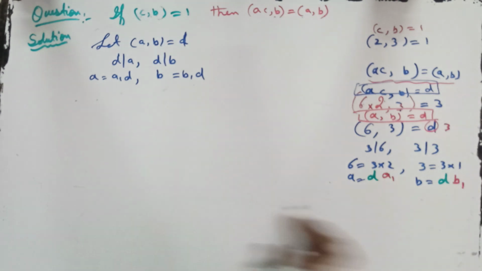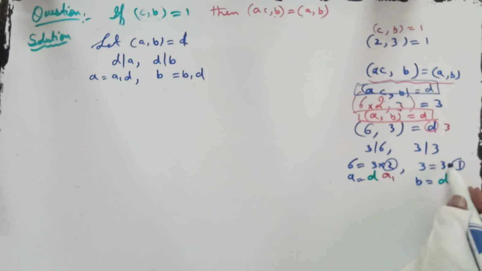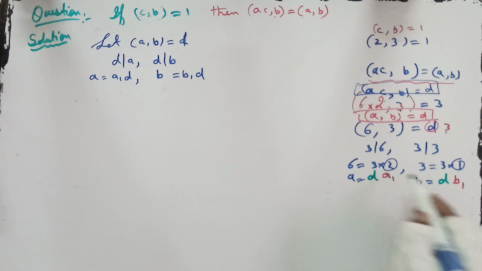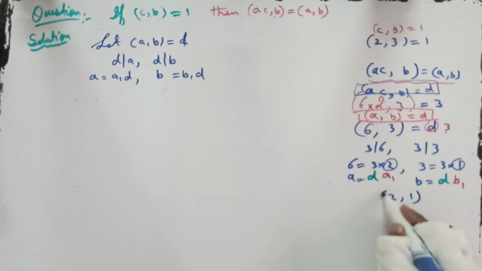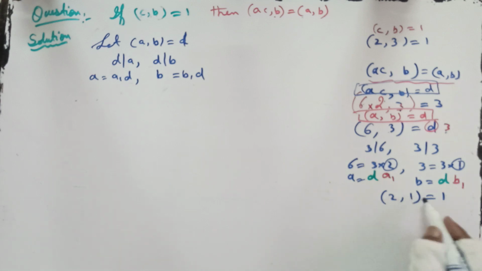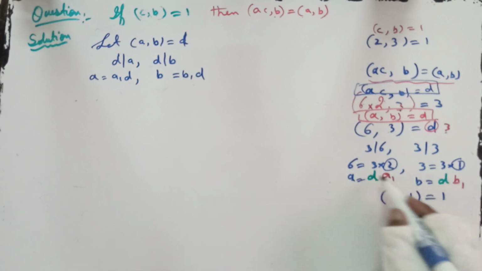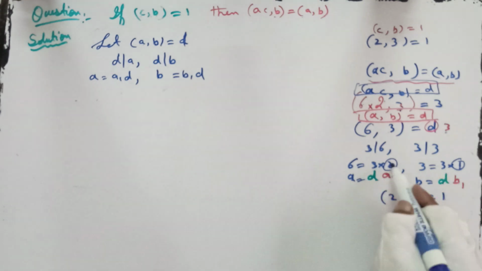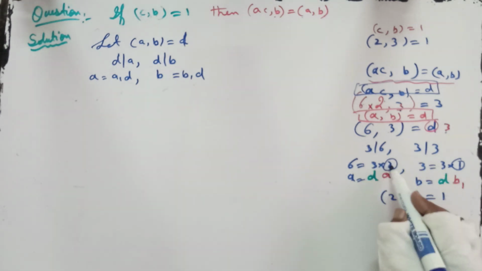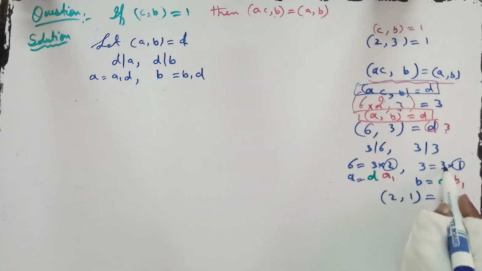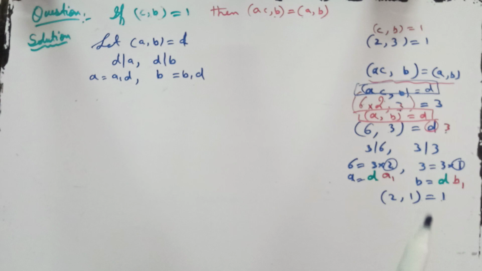As you know, when 3 is the greatest common divisor of 6 and 3, then A1 and B1, 2 and 1, must be relatively prime. Their greatest common divisor must be 1. If two numbers are written as two factors and one factor is the same, like 3 and 3, then the other two numbers must be relatively prime. Conversely, if these two numbers are relatively prime, then the common factor must be the GCD.